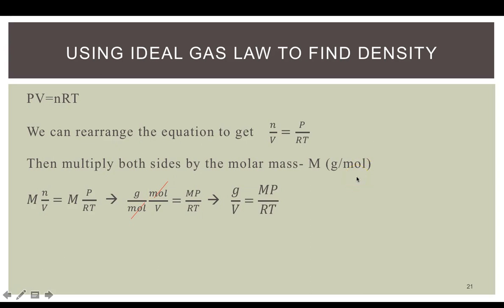Well, on the left-hand side of the equation, we're left with units of grams per unit volume. Doesn't matter what my volume is, but grams per volume equals the molar mass times the pressure divided by R times T. Well, let's think about that. Density is mass per volume, so that g over V on the left-hand side of the equation can be represented as density.